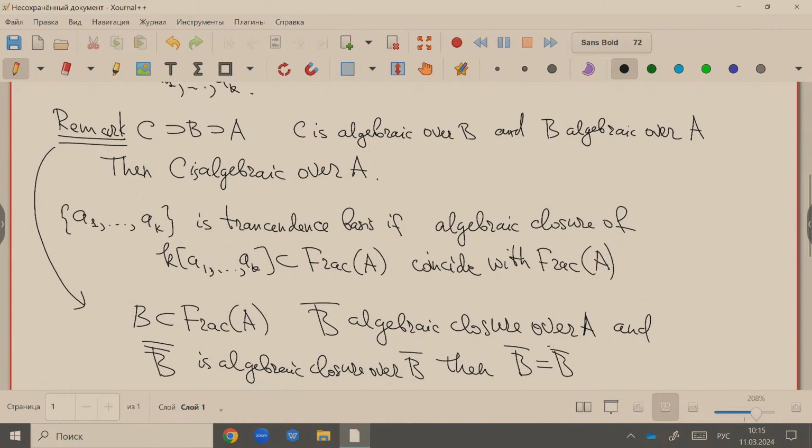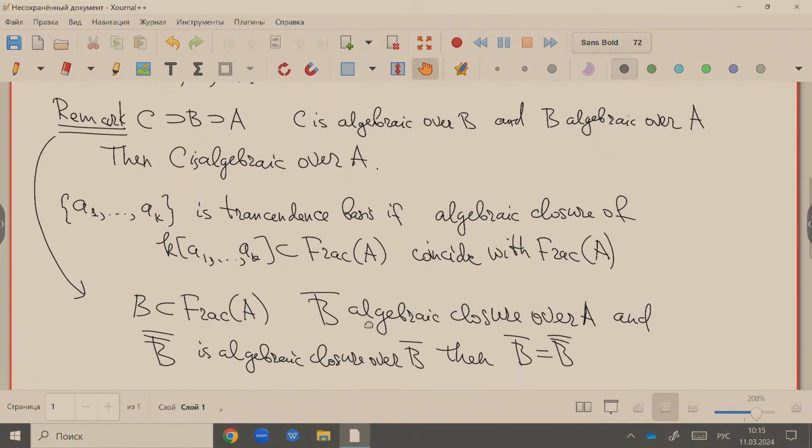The set of all algebraic elements cannot be enlarged if you take this operation twice.